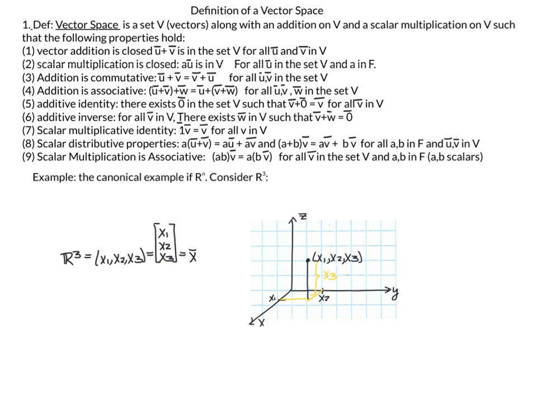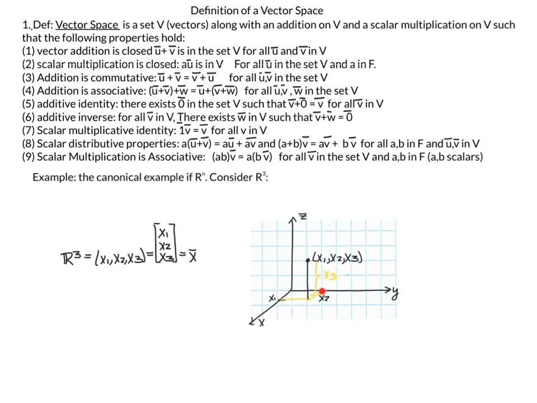In vector calculus, we also plotted this. So we would plot R3 with a three-dimensional coordinate system where the first coordinate is the x-axis, the second coordinate is the y-axis, and the third coordinate is the z-axis. So what we would do is go out x1 units along the x-axis, and then x2 units along the y-axis. We'll draw our parallelogram.